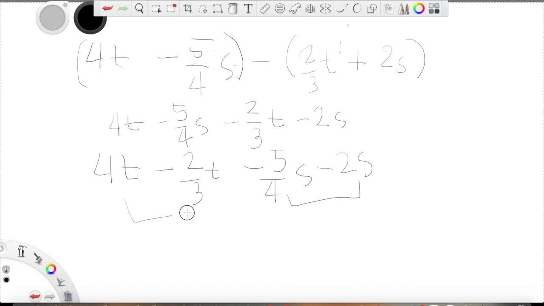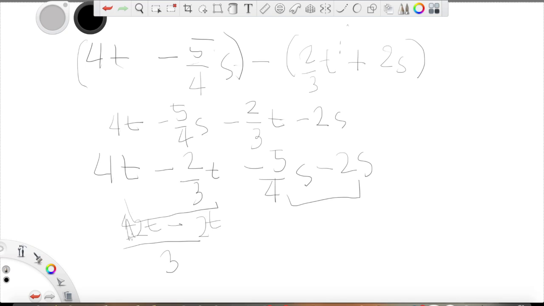When we combine like terms, for the t terms, all over 3: 3 divided by 1 is 3 times 4 gives you 12t, minus 3 divided by 3 is 1 times 2 is 2t.